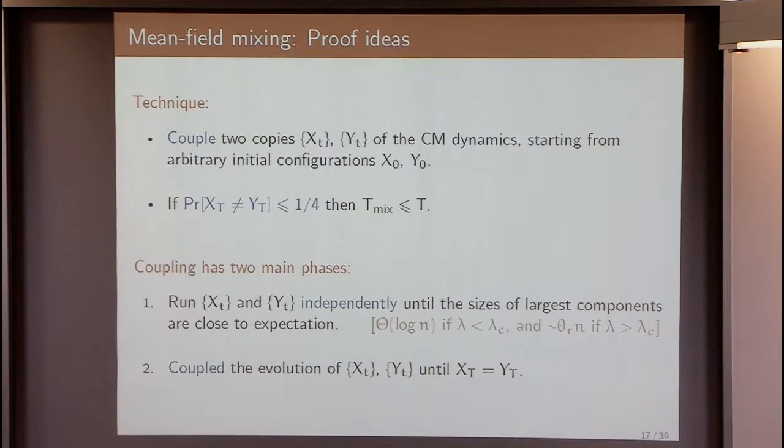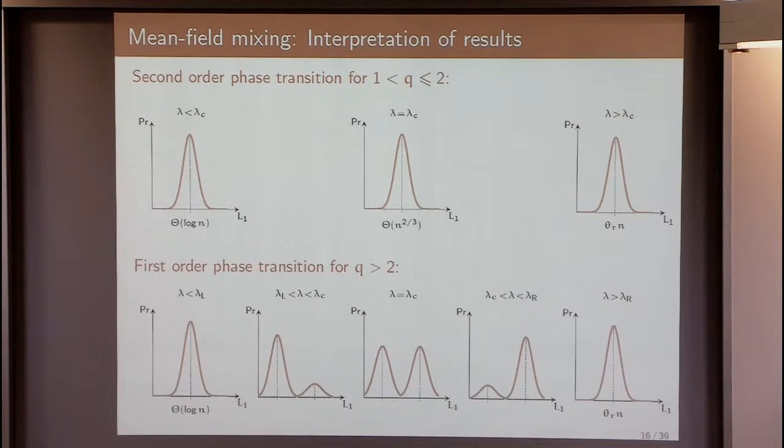Okay, so just to give you a flavor about the proof. Sorry, can you return to that slide? What is the picture on the right there? So, the top, this one? Right. So this picture is saying that the size of the largest cluster has a linear size, and it's well concentrated around this point.